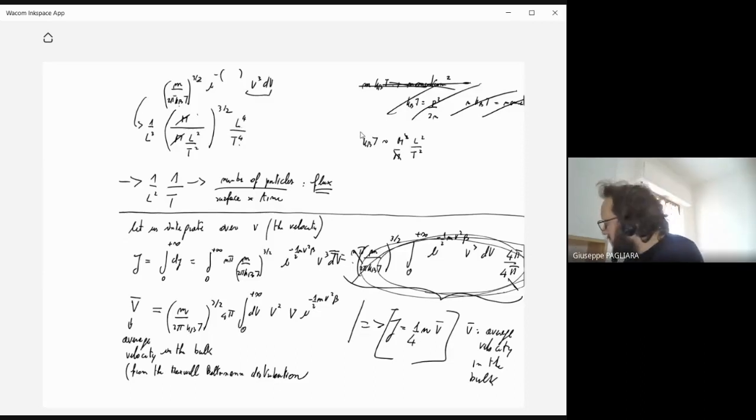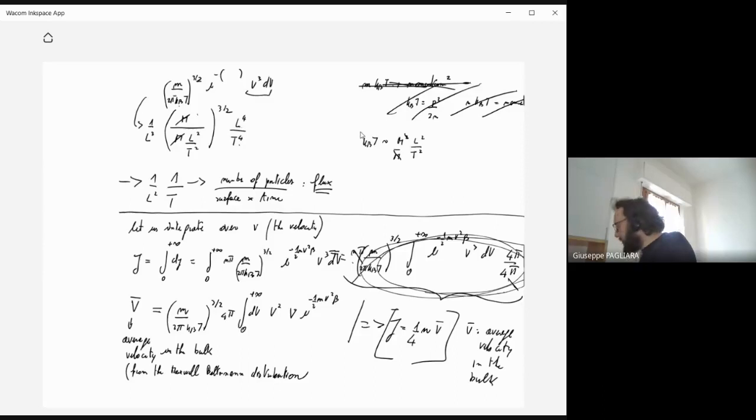Inside the box, this is the average velocity, and the total flux is n average velocity divided by 4, okay? Of course, the flux inside the box will be just n v average, okay? So these are divided by a factor of 4.